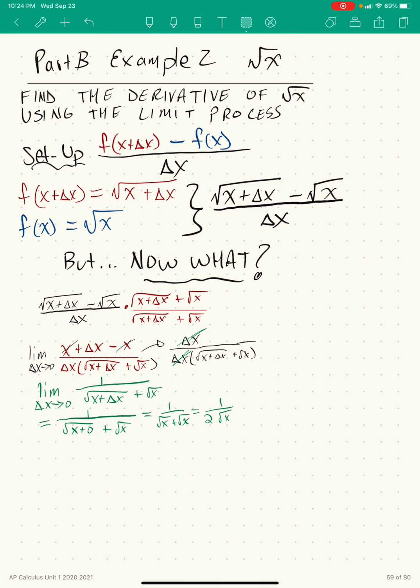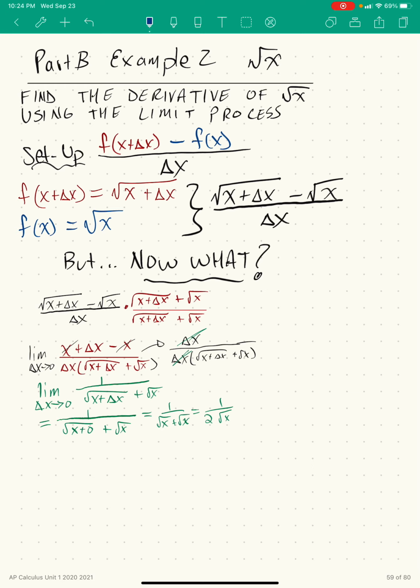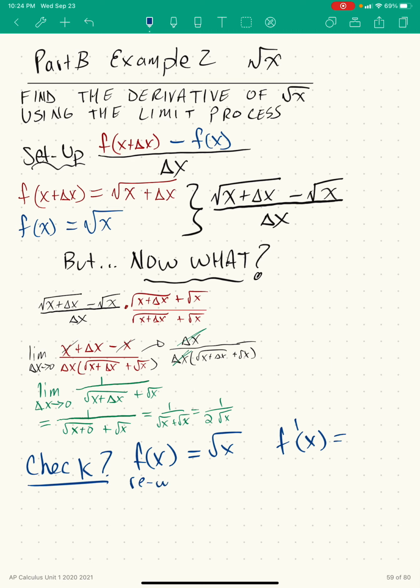So remember, we can always check our work because we know the power rule. So let's try the power rule. Let's check our work. If I apply the power rule, I started with f of x equals radical x. According to the power rule, we need things to be in the proper form. So I can't do it yet until I rewrite this. I rewrite this as f of x equals x to the 1/2, which you know because of pre-calculus and Algebra 2 trig.